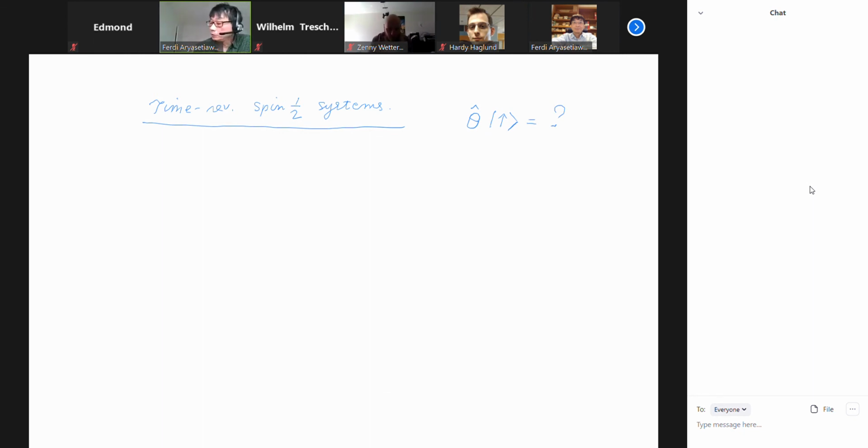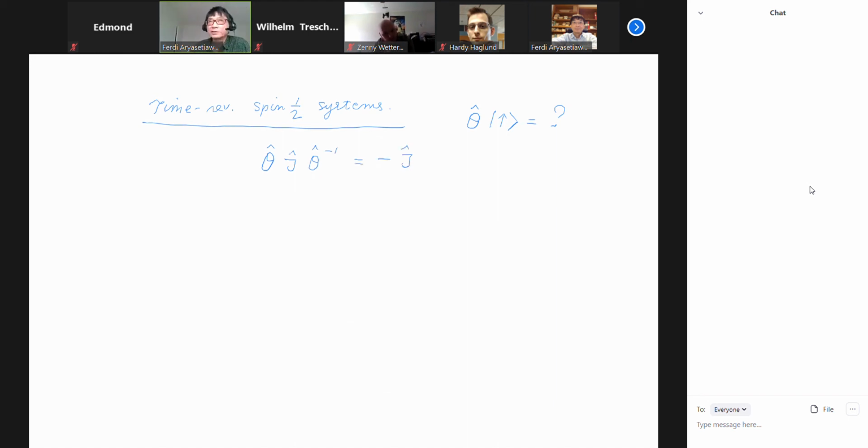So we use the property that the time reversal operator anti-commutes with the angular momentum operator, it reverses the angular momentum.